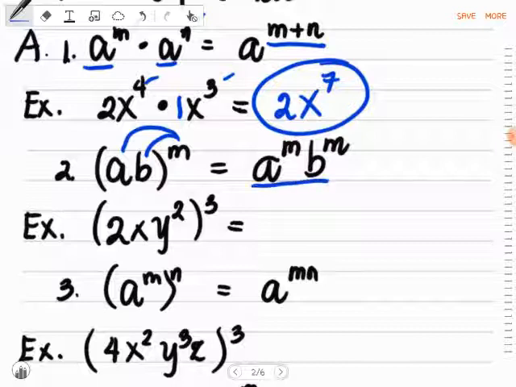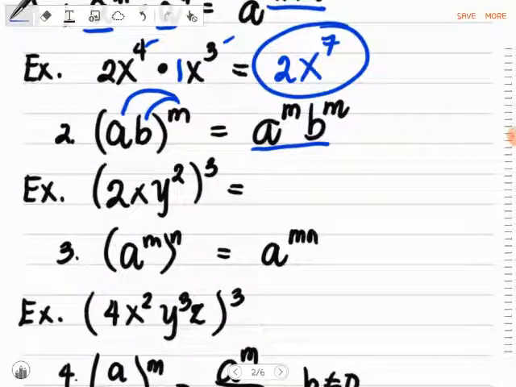So let's have an example. And by the way, for the a and b, you will multiply themselves depende doon sa exponent. So halimbawa, kung ang m natin ay squared, so 2 times siyang i-multiply by itself. That will be applicable only sa base.